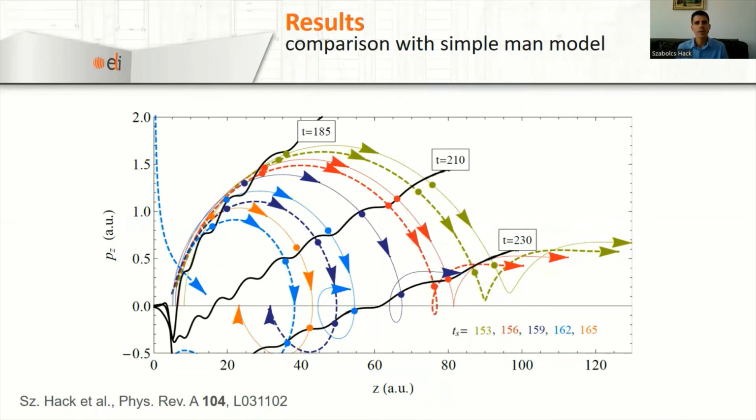The curves with corresponding colors start at the same starting times. It can be seen that the starting time interval corresponding to direct ionization and the starting time interval corresponding to rescattering are very different from each other in the two models. And for the Simpleman model, the rescatter trajectory during the interaction is missing.